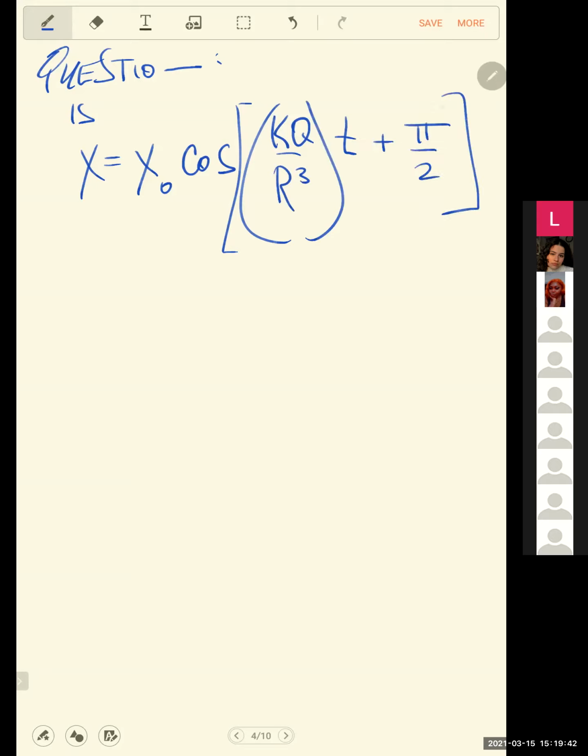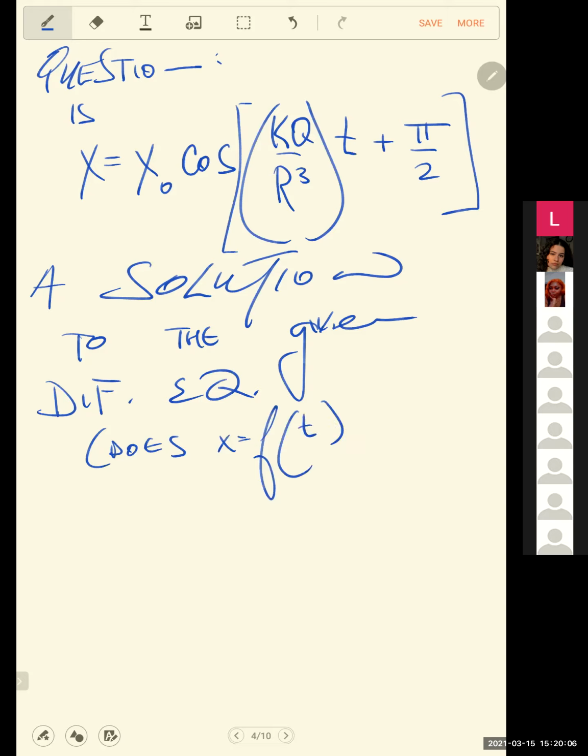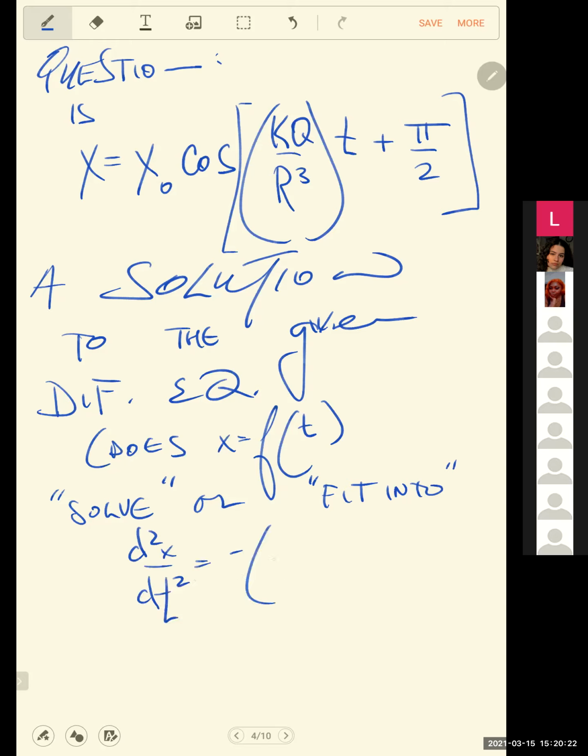And again, if you're following, please correct me if I've written this wrong. Good. This type of question here, so I'm just rephrasing it again.